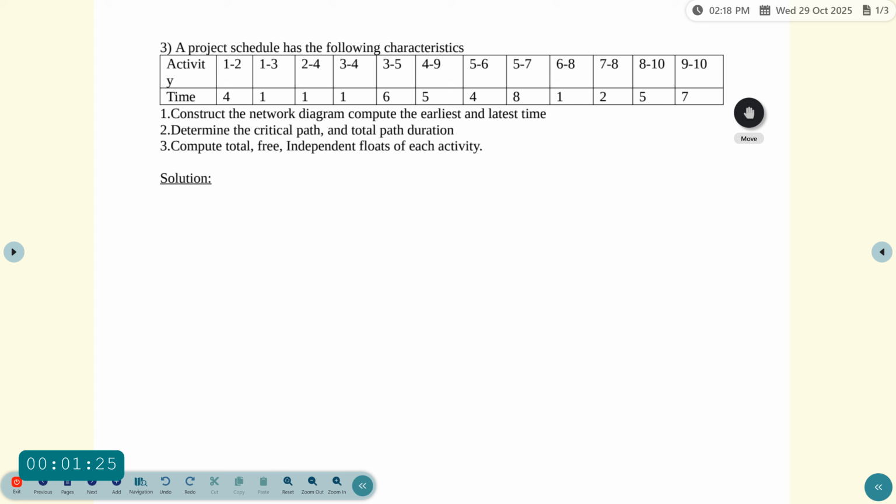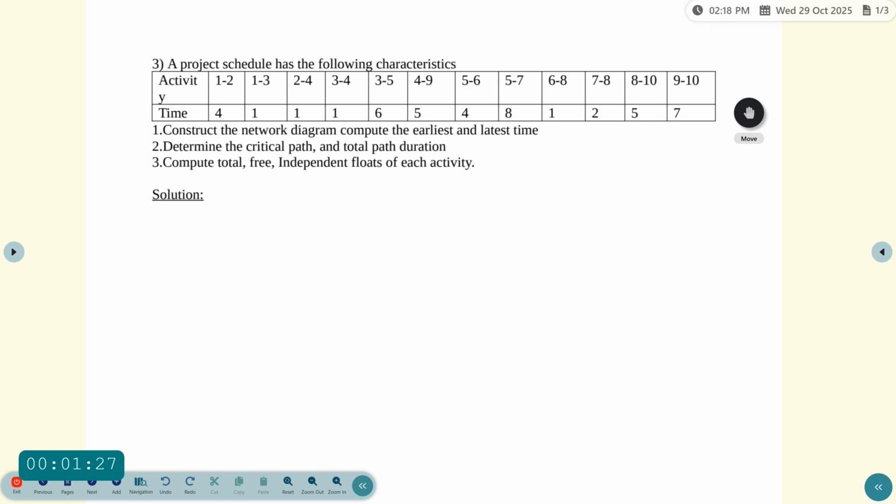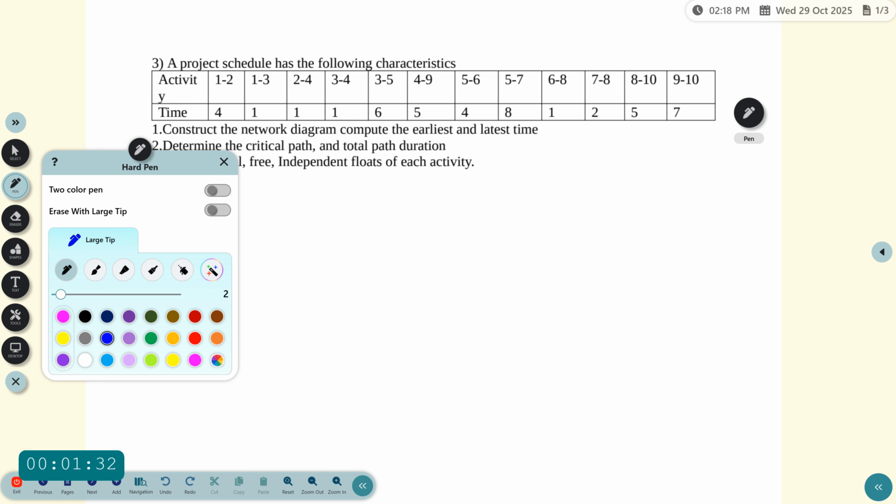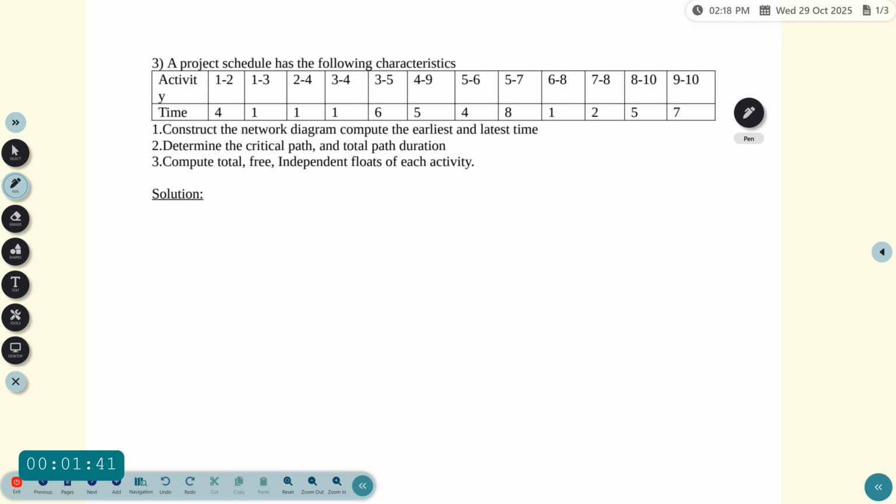So the first activity starts with event 1 and ends at event 2.